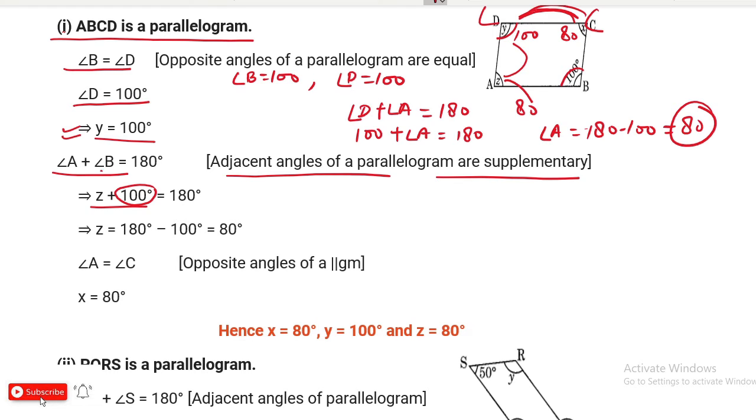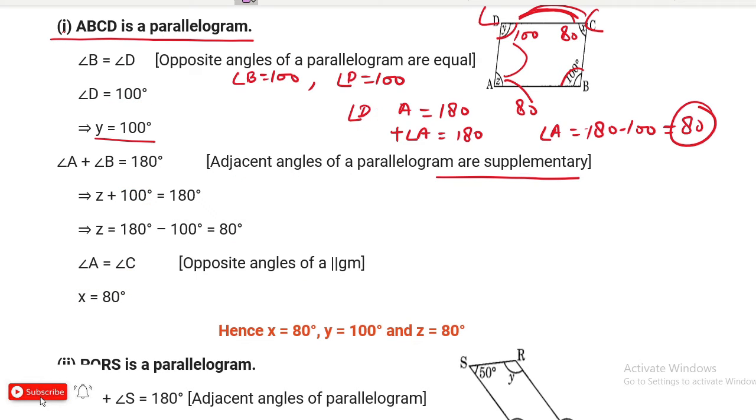We find the value of Z, that is equal to 80. Now angle A is equal to angle C. Why? Because opposite angles of a parallelogram are equal. Then X will also be equal to 100. Now the next question.